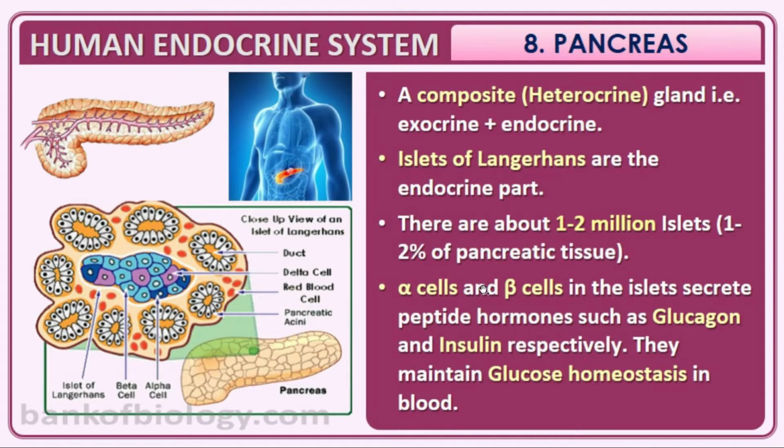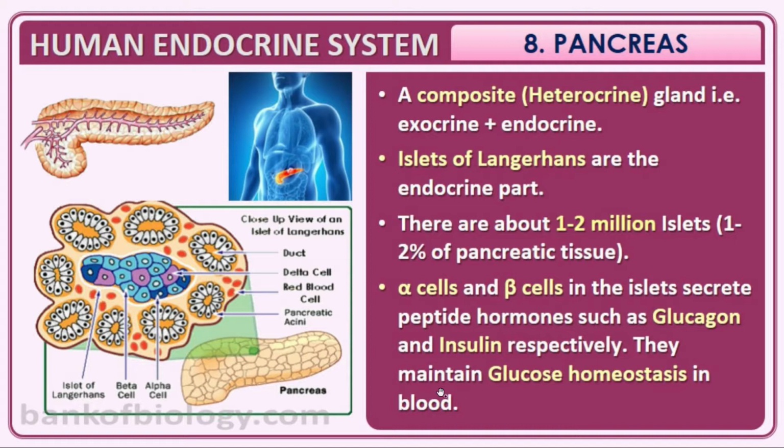There are two types of cells here: alpha cells and beta cells in the islets. They secrete peptide hormones. Glucagon is secreted by alpha cells and insulin is secreted by beta cells.